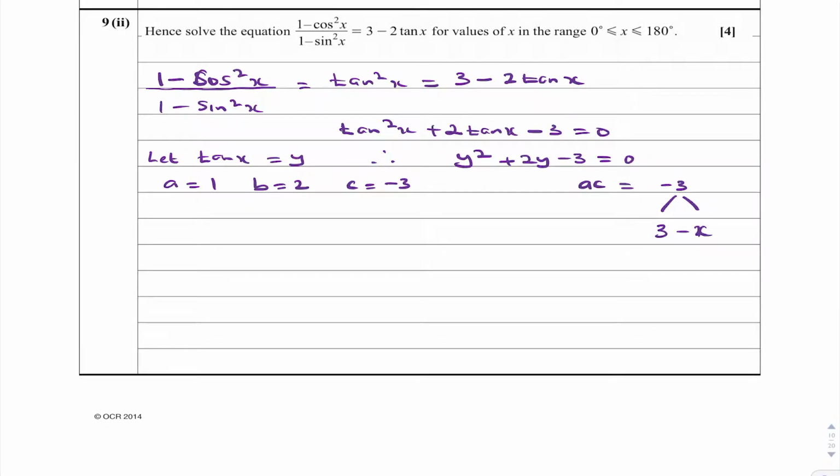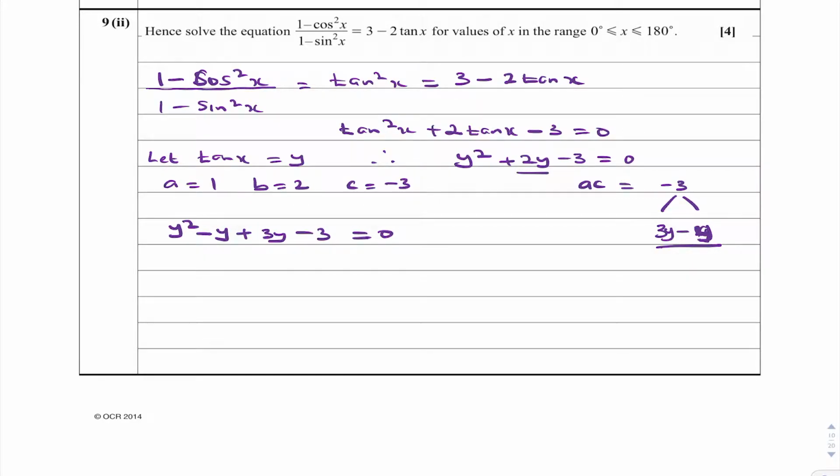So 3y minus y will be 2y. So I can replace 2y with 3y minus y. So I go y squared minus y plus 3y, that still gives me 2y, minus 3 equal to 0.